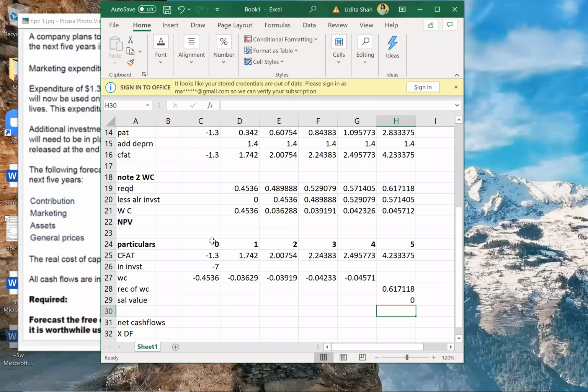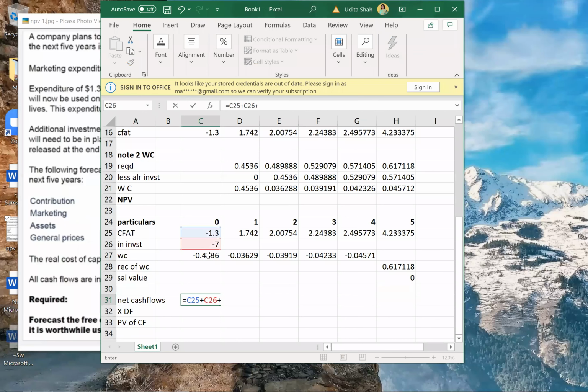So net cash flow will be what? This plus this, and plus this also. So the sum of all these.